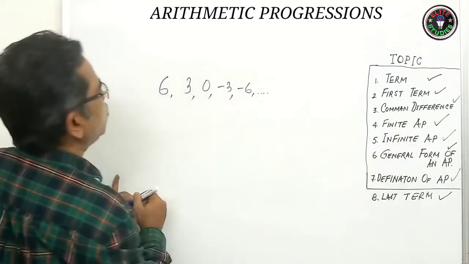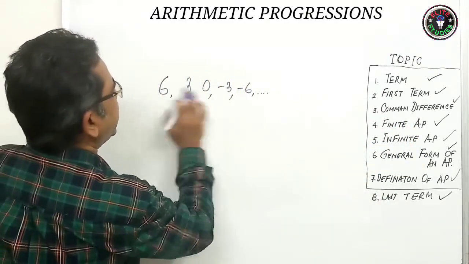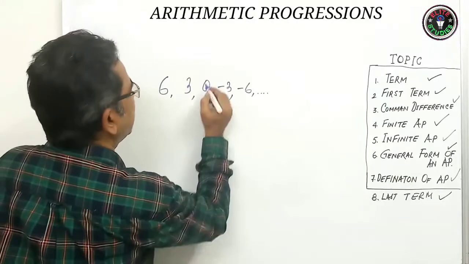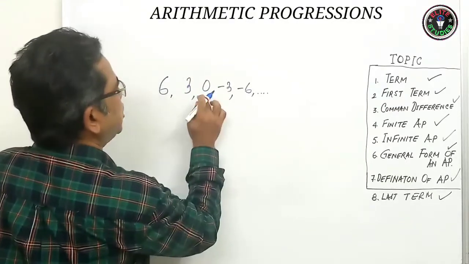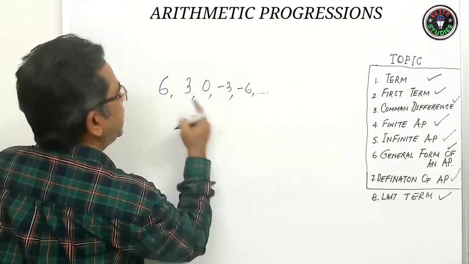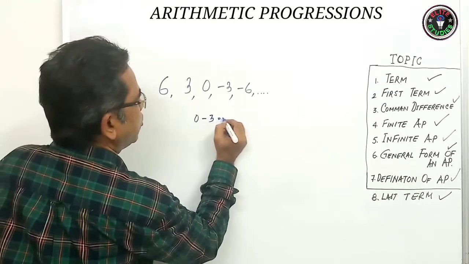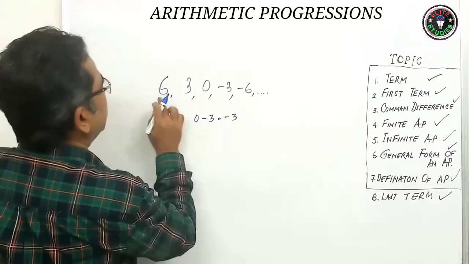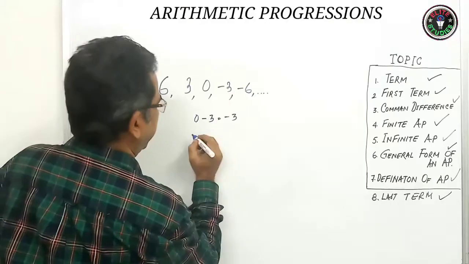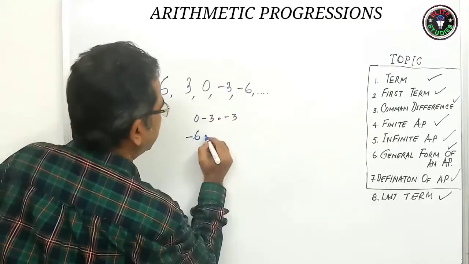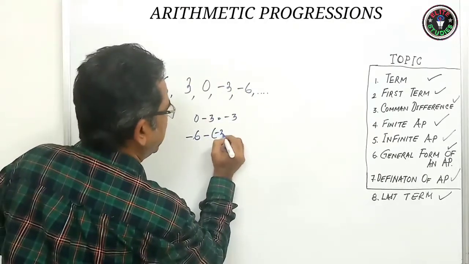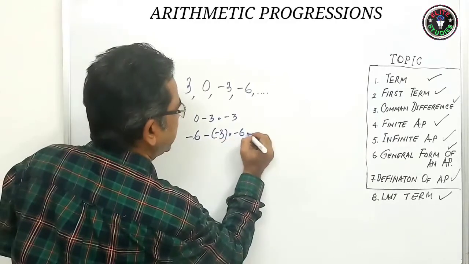Common difference. How to get the common difference? You take any number. Suppose you want to take 0. You take 0 and subtract the preceding one, 3. It is equal to minus 3. Suppose if you want to take minus 6, minus 6 minus of minus 3 will be minus 6 plus 3.